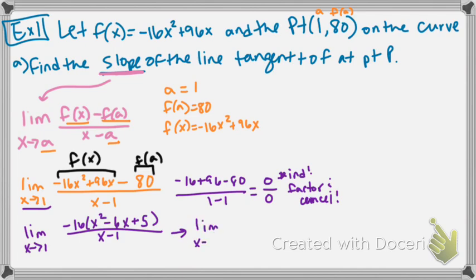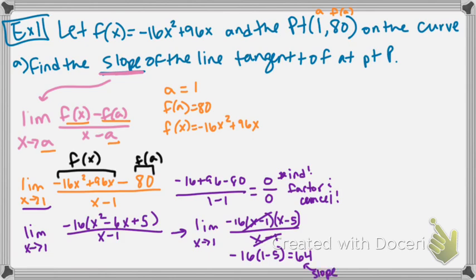So limit as x approaches 1 of negative 16 times x minus 1 times x minus 5, all over x minus 1. All right, I'm going to factor, cancel, and try my limit again. So I'm going to replace x with 1. We get negative 16 times 1 minus 5. Negative 16 times negative 4 is positive 64. What is that? That's the slope. That's the slope of the line tangent.